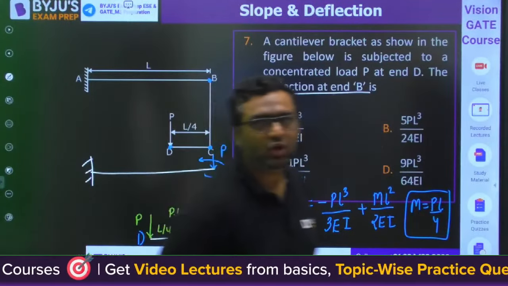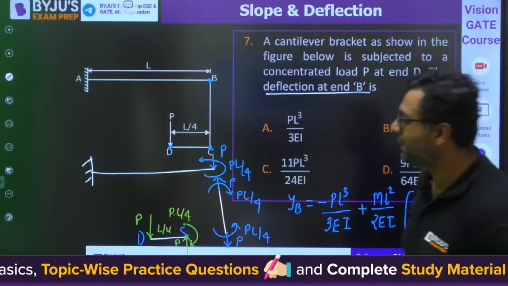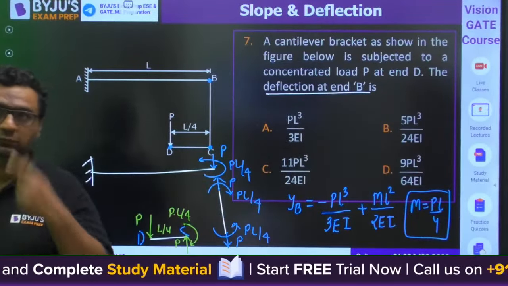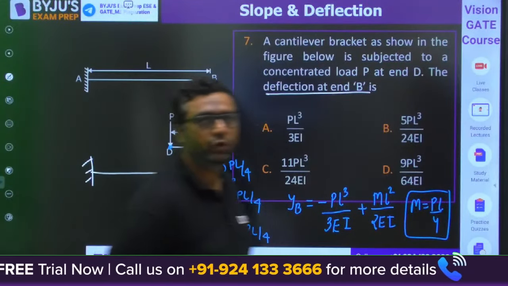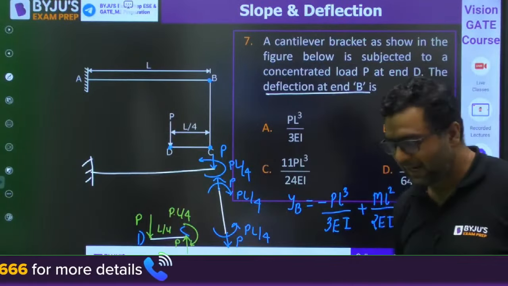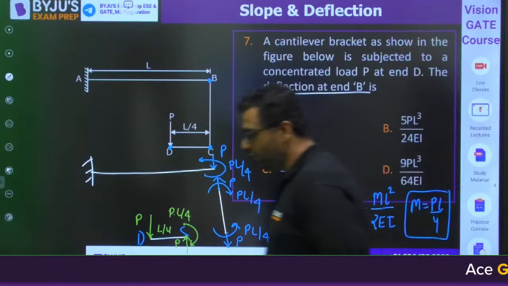Siddharth, this is strength of materials going on for mechanical and civil students for GATE and ESE, for BTech students specifically. Solve it, guys. Options are in front of you.